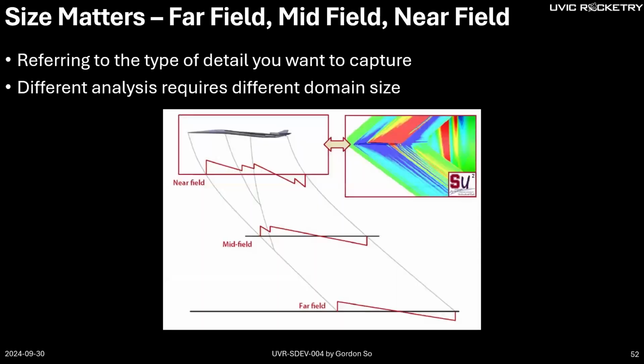This is a good example of what near, mid, and far field are. So this is a study, I think, for Concorde, just from the nose, I think. No, that looks like XQ. Yeah, that's probably X59. I forgot the exact name.